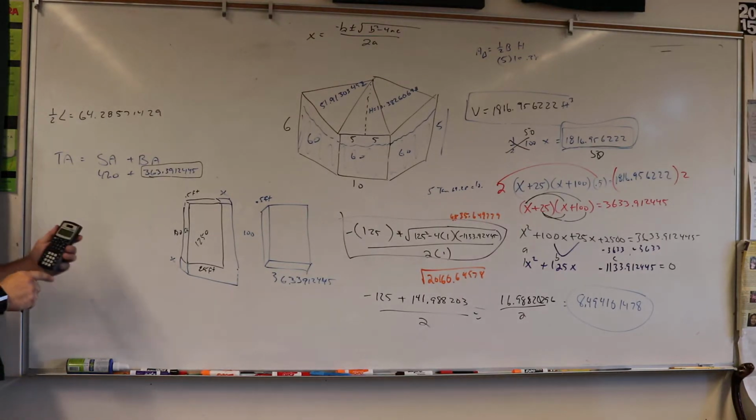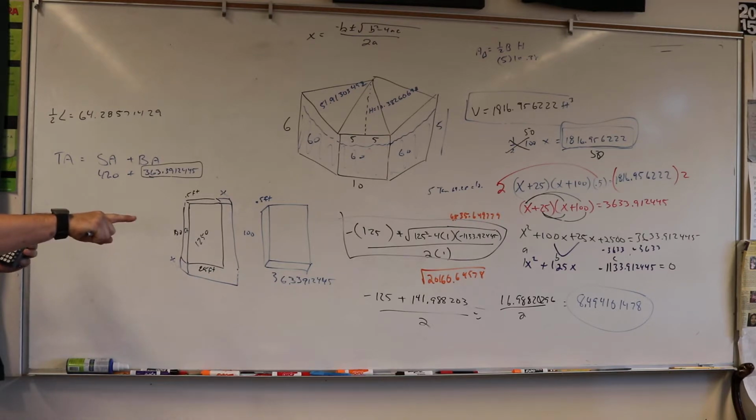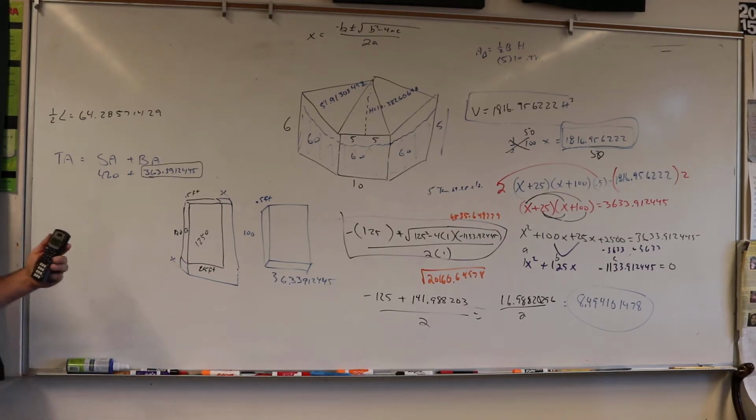I'm going to take that number right there, I'm going to add it to 100, plus 100. That was easy. Okay? Now, I'm going to say times, and I'm going to do parentheses, because I got to do the 25 plus that.